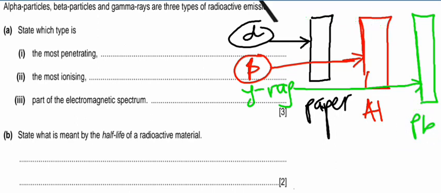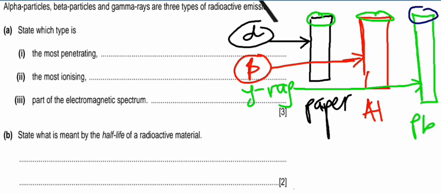Now, as you can see here, we can conclude that gamma rays, this one here, are the most penetrating, because they can penetrate through a sheet of paper or skin or plastic and also a sheet of aluminium, but they can be stopped by a sheet of lead.